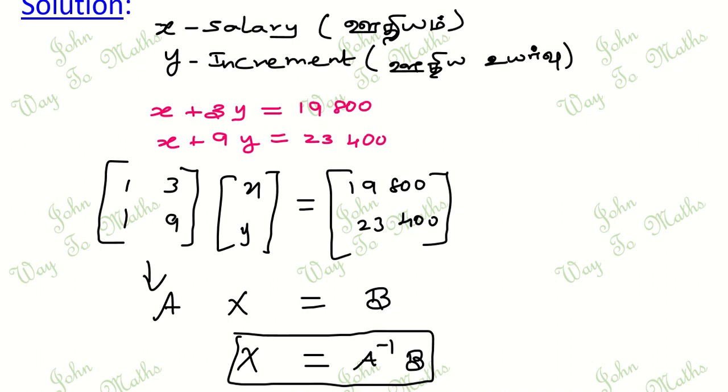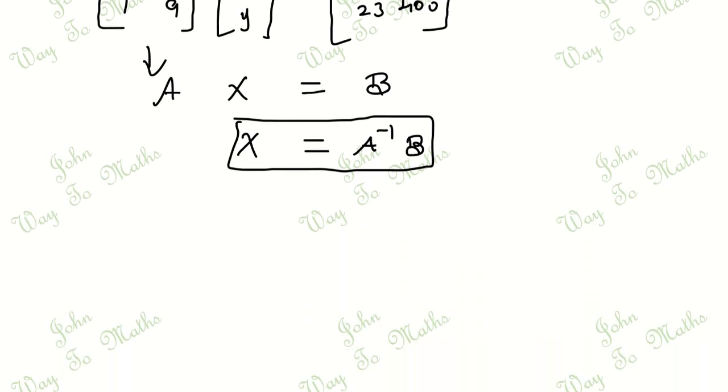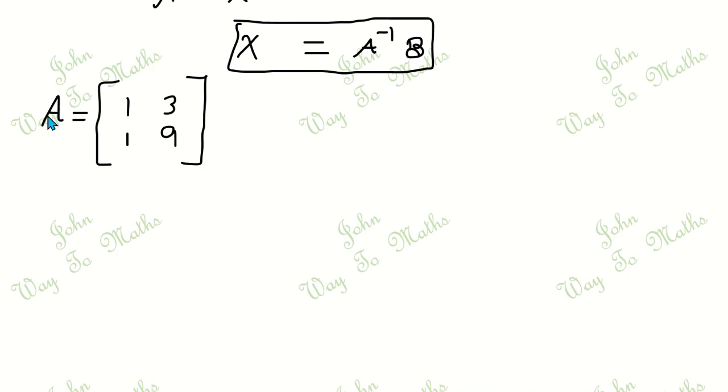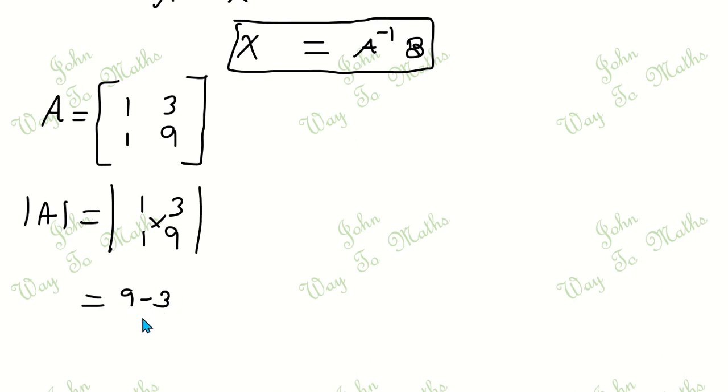Then I'm going to find A inverse. So first I'm going to write the A matrix. Here I'm going to find the determinant of A matrix, which is equal to the determinant of 1 3 1 9, which is equal to first diagonal minus second diagonal. So 1 9s are 9 minus 1 3s are 3, which is equal to 9 minus 3 becomes 6, the determinant of A. Then I'm going to find the adjoint of A matrix.